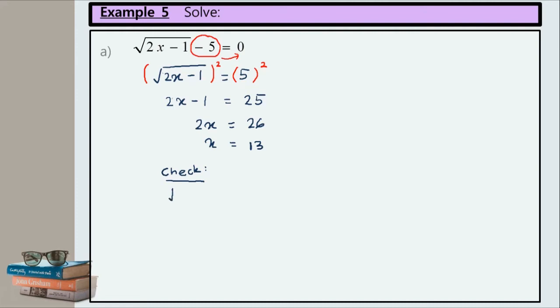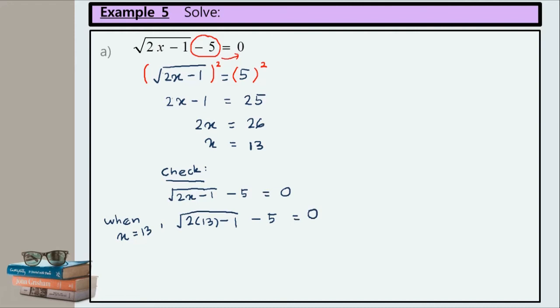The equation asal or the original equation is surd 2x minus 1 minus 5 equal to 0. Okay, when x equal to 13, we need to substitute the value of x. So surd 2 times 13 minus 1, surd, minus 5 equal to 0.